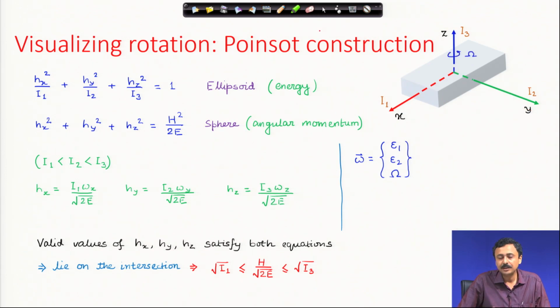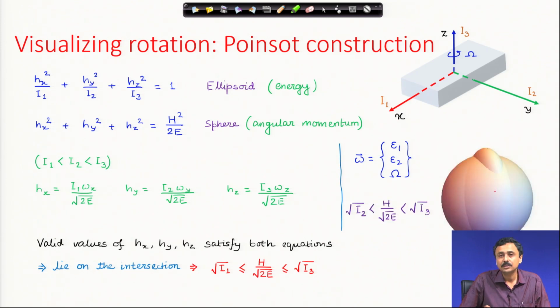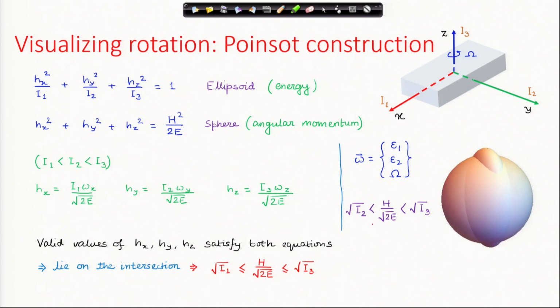If you similarly give omega, the dominant spin, in the z axis, this is what you will observe. The intersection will now be this, and the radius should lie between the intermediate semi axis value and the largest semi axis value. So, that is the restriction on the radius, and the intersection will be on this closed curve, but the h x, h y, h z values will remain close to this vertical axis.